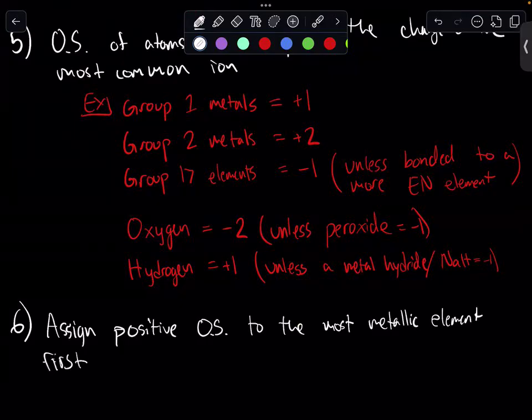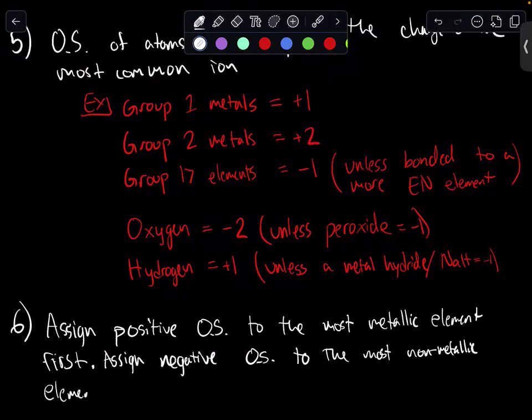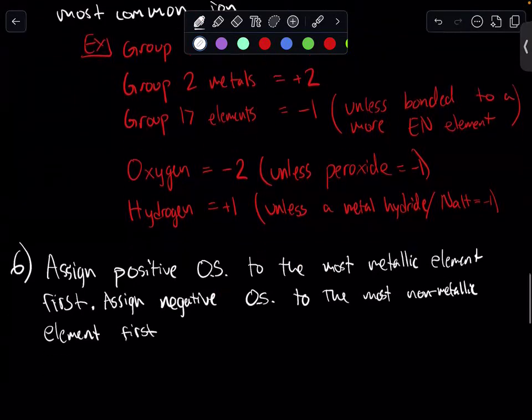So that means furthest left and bottom of the periodic table. Then we assign our negative oxidation states to the most non-metallic element first. So furthest up and to the right towards fluorine.